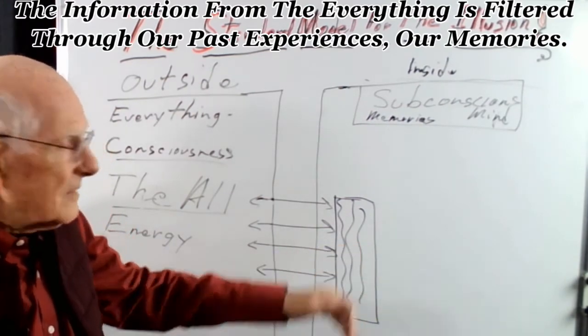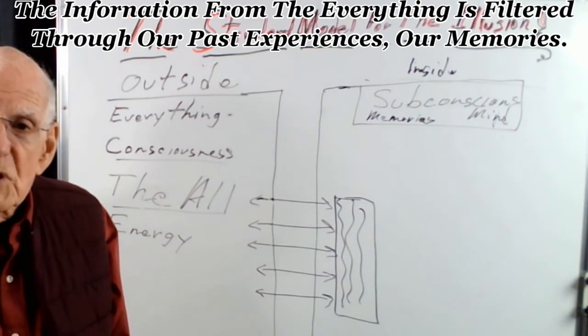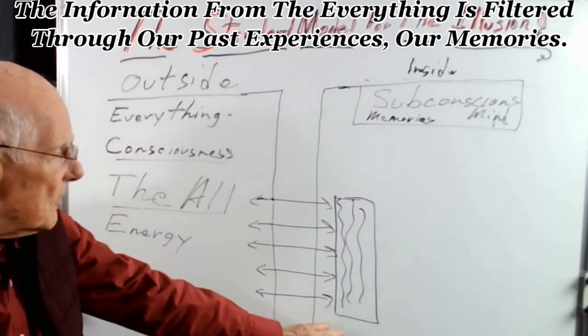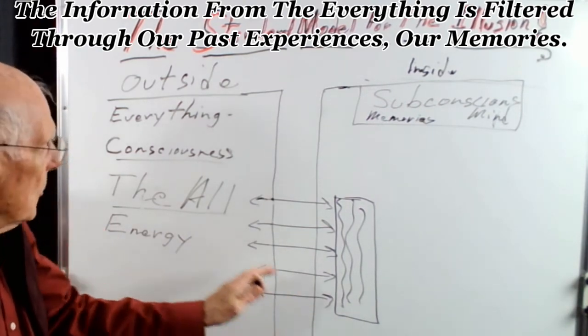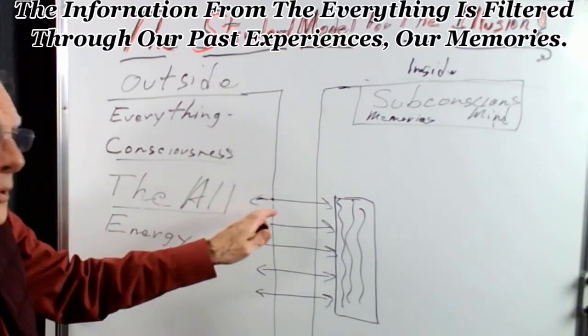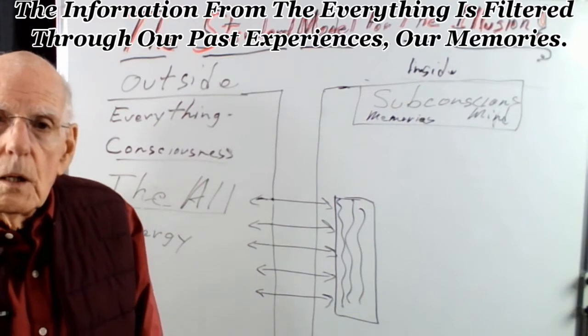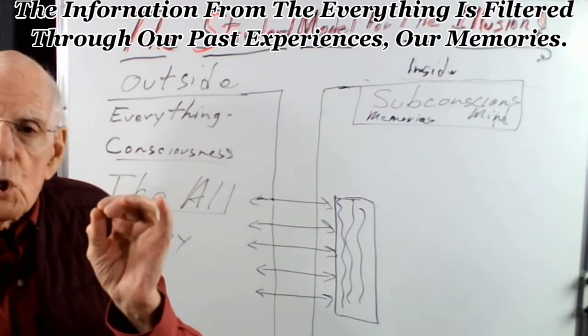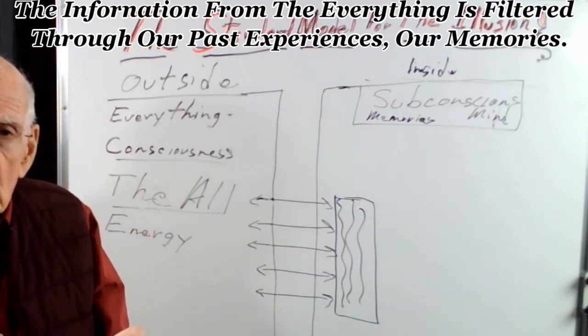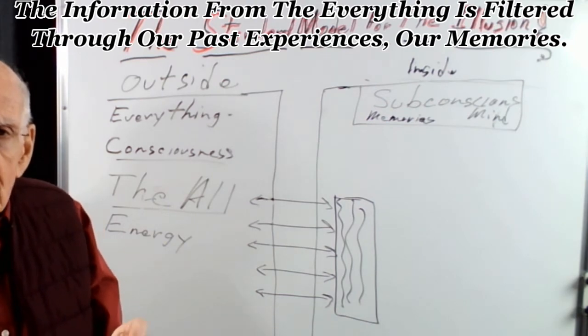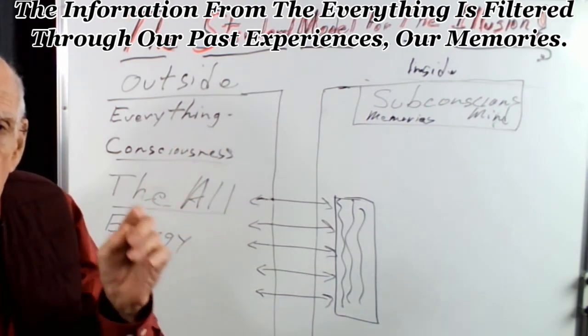Now, I've shown this a lot, this filter system. And that's why I said, well, there must be kind of a standard. And so this is a standard. The outside, through the five senses, the information is always filtered. That's part of the standard model.